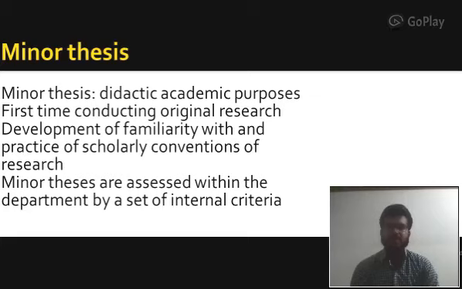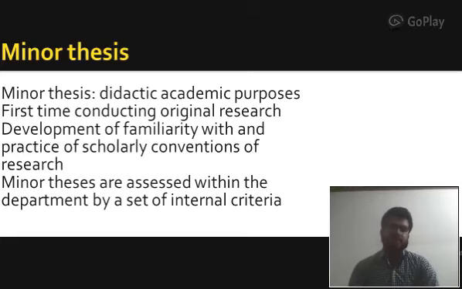So these terms do not have a very fixed meaning. They are frequently used interchangeably in place of one another.